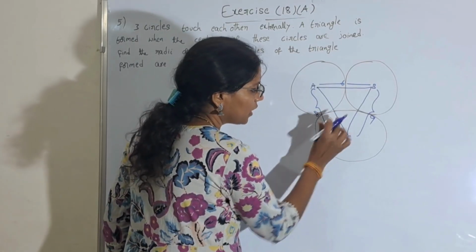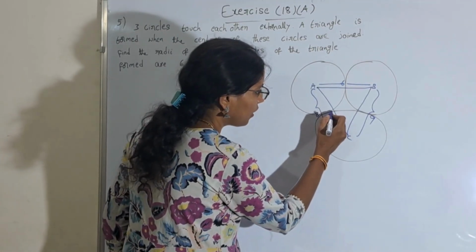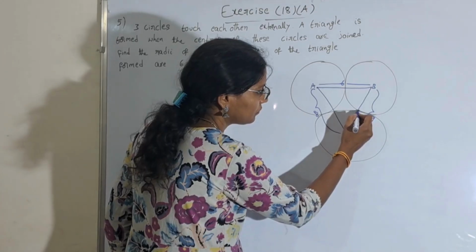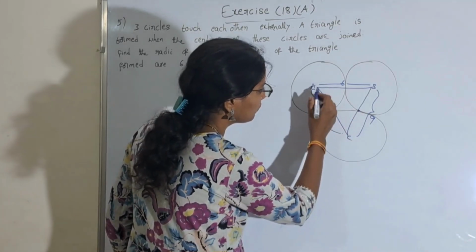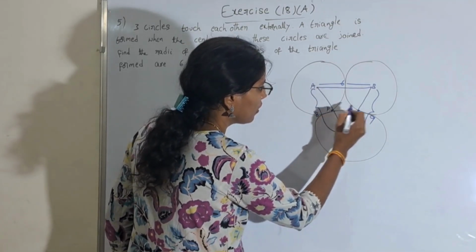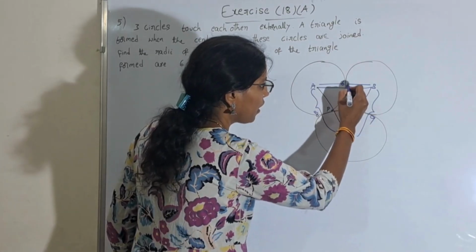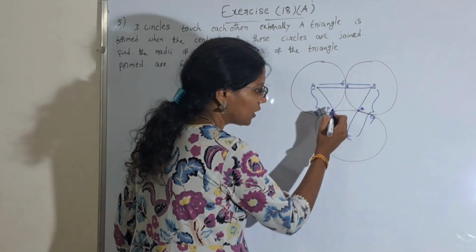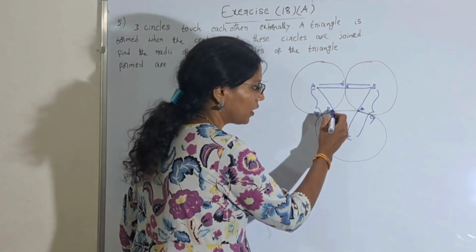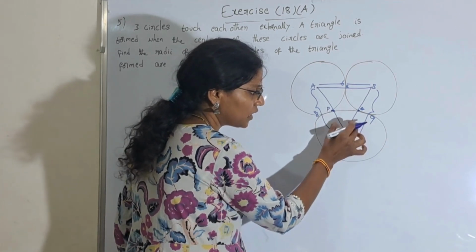First we take C, and here take the points P and Q. CQ and CP are both radii only, so these two are equal.